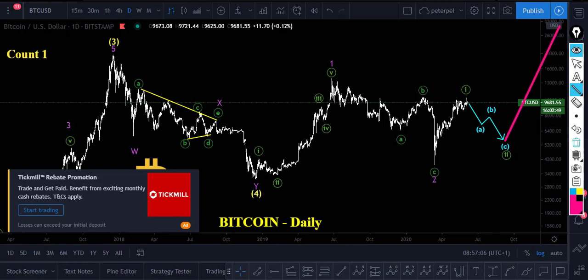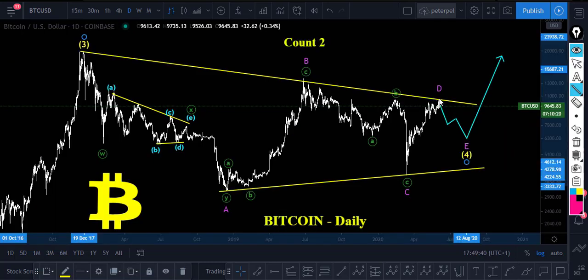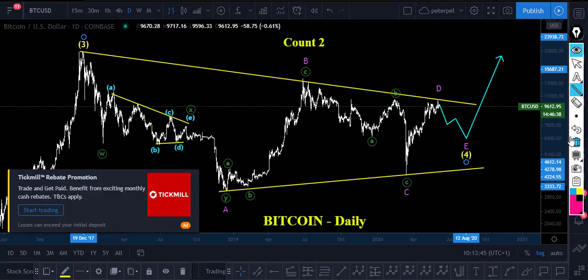And in the same way on our alternate count, on the triangle, we are looking at price completing purple wave D, and we are anticipating a 3-wave move to complete purple wave E of yellow wave 4 before we move up. So you can see that on both our primary and alternate counts, price is indicating a 4 before we continue upwards.